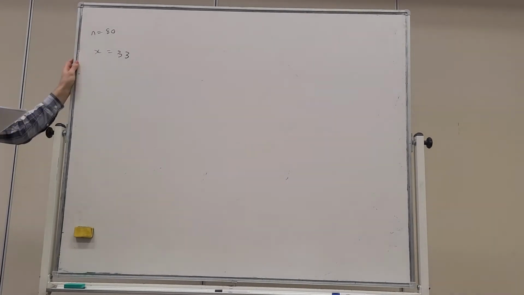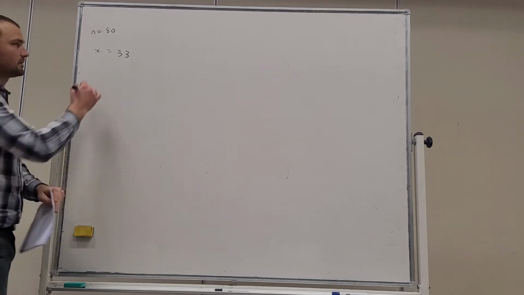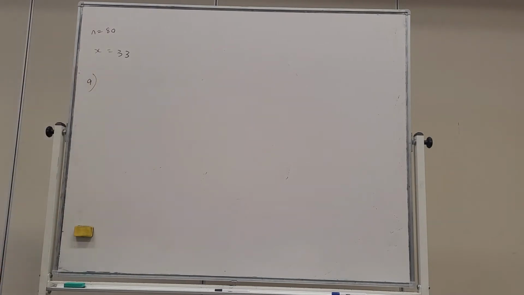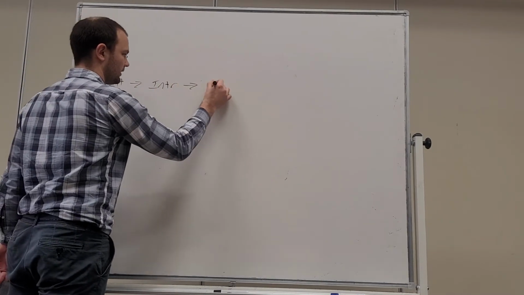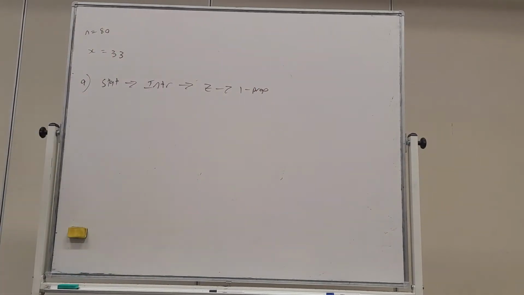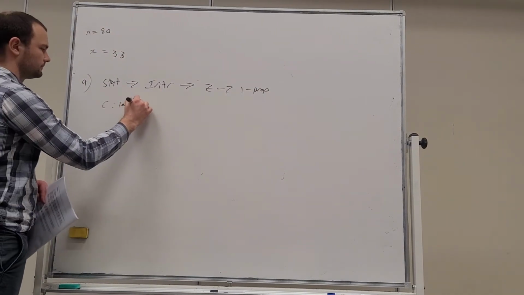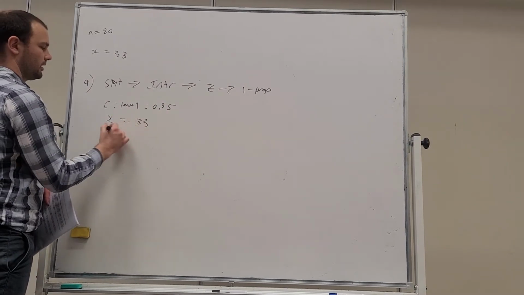Okay, so 33. Using the sample data, calculate an approximate 95% confidence interval for the proportion of South Australians that would vote for the Liberal Party if the federal election was held today. So I'm going to go straight to my calculator for this. Okay, we're in statistics, interval, z, and first proportion. Okay, and our confidence level, 95. We've got 33 out of 80.